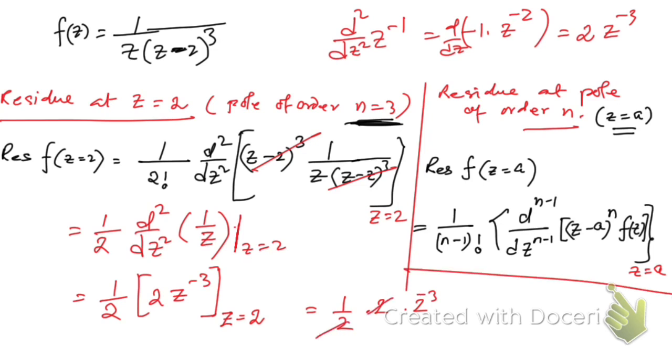And 2 to the power minus 3 means 1 by 2 to the power 3, which is nothing but 1 by 8. So this is the residue at z is equal to 2, right? Hope you have understood this.